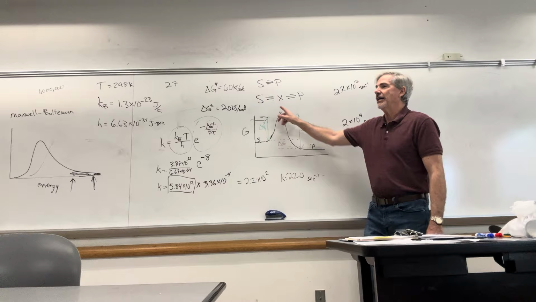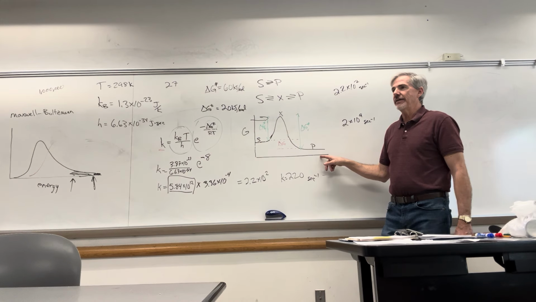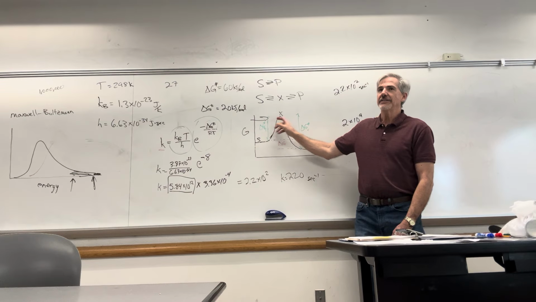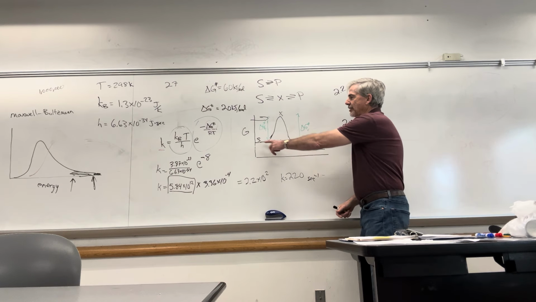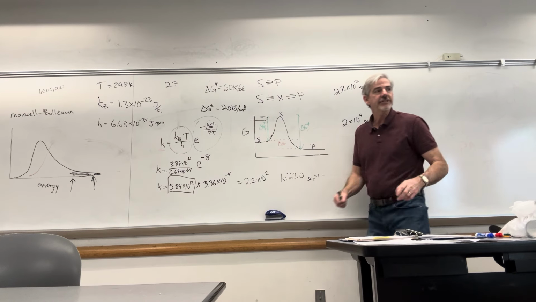It's harder for the product to turn back into the substrate than it is for the substrate to turn into the product. The product has to go up a higher hill than the substrate does. So when the products have less energy than the substrates, that's favorable because it's going to be harder for the product to turn into substrate than vice versa.